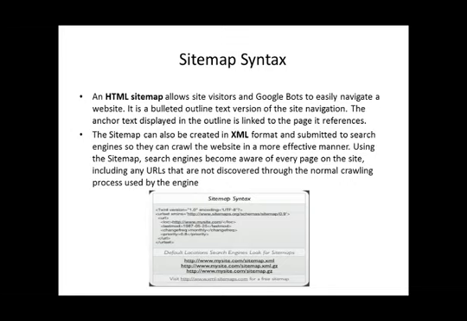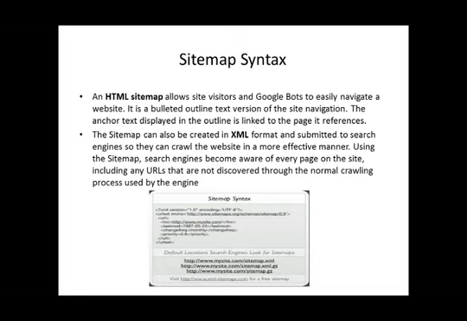An HTML sitemap is an inclusion of all the URLs on the website, categorically put into a web page that links to all the internal pages of the website. This is important as it is a bulleted outline text version of the site navigation, and the anchor text displayed in the outline is linked to all the pages of the website.